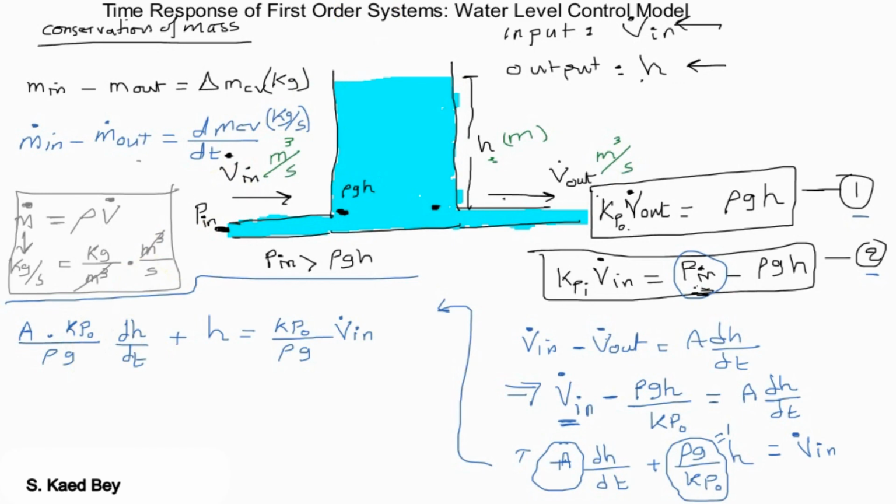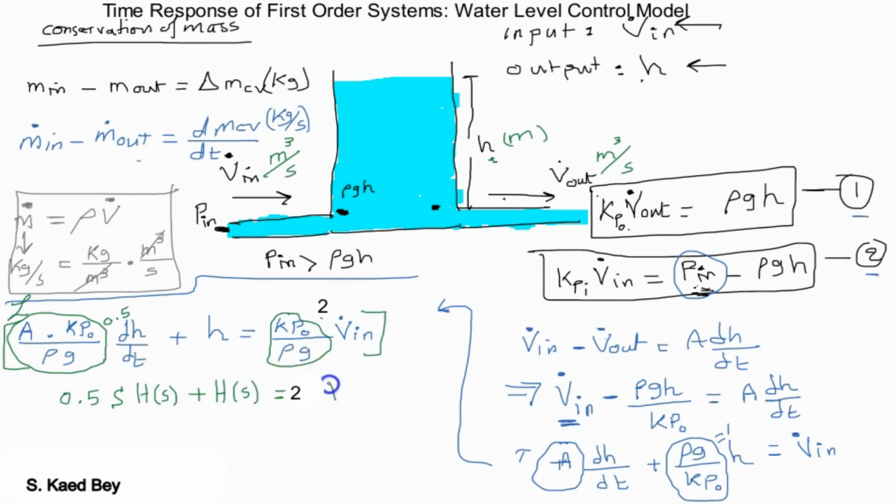For convenience, if we assume the first coefficient as 0.5 and this one as another constant, and applying Laplace to this differential equation, we get the transfer function in the S domain equal to the output, which is H(s), over the input, V dot (s).